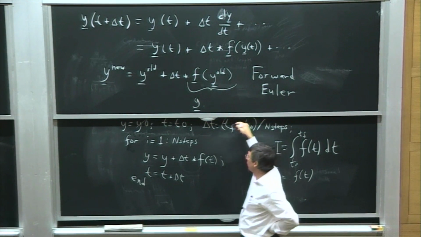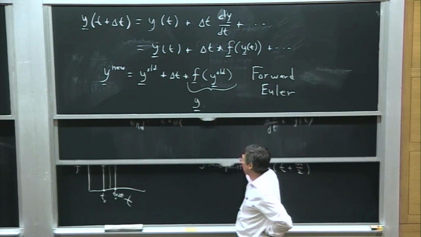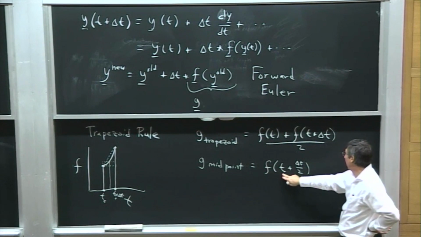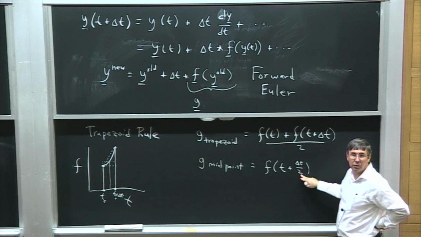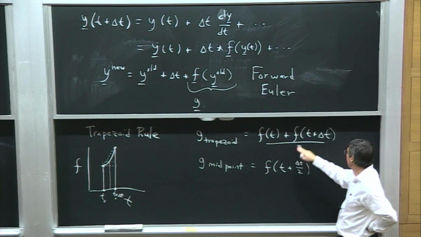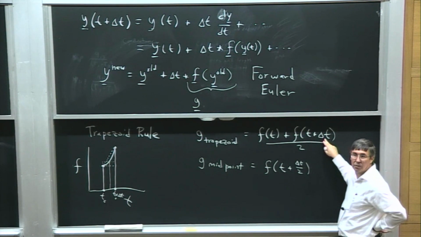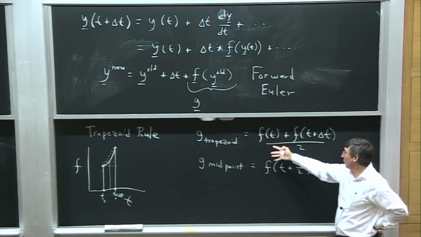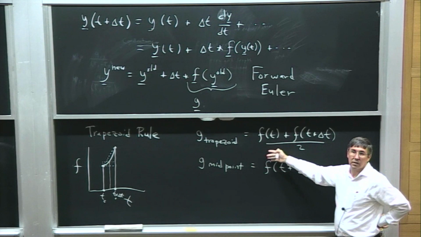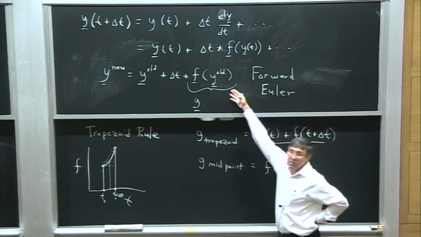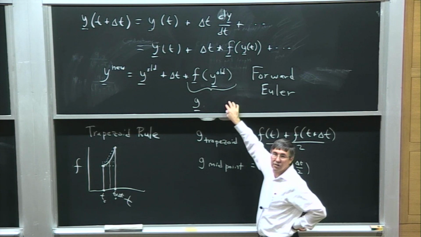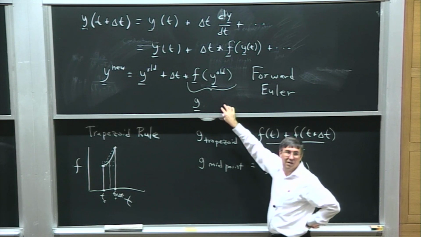But for example, if we wanted to do midpoint here, we'd have to know f at a different time point that we haven't computed yet because it's forward in time. Same thing with trapezoidal rule. We have to know f at some future time point. So it's not so easy actually to go directly from these formulas to some explicit formula like this with a G in here, where the y's inside G are all y values we actually know.